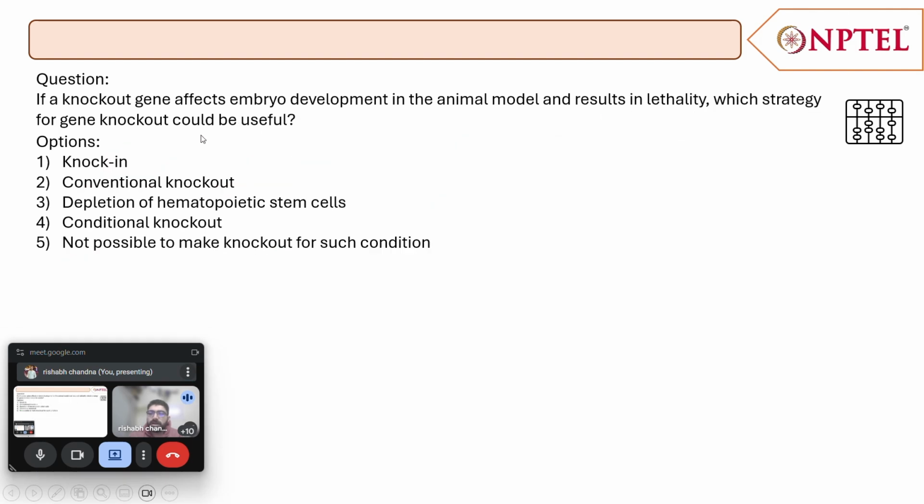If a knockout gene affects embryo development in the animal models and results in lethality, which strategy for gene knockout could be useful?